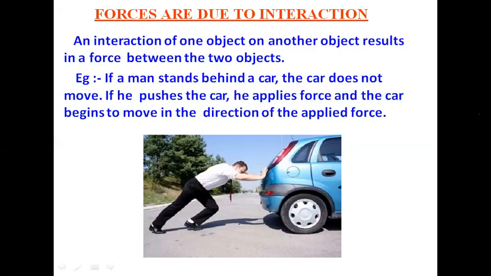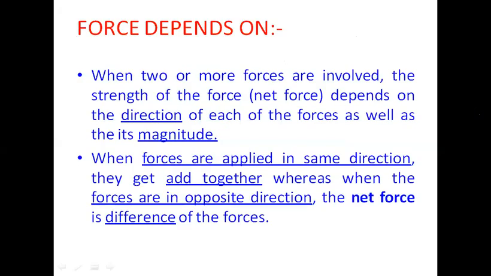So next, move on to the characteristics of the force. Force depends on various characteristics, like when two or more forces are involved, the strength of the force, that is the net force, depends on the direction of each of the forces as well as its magnitude.